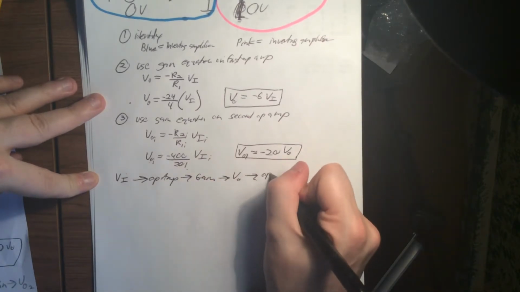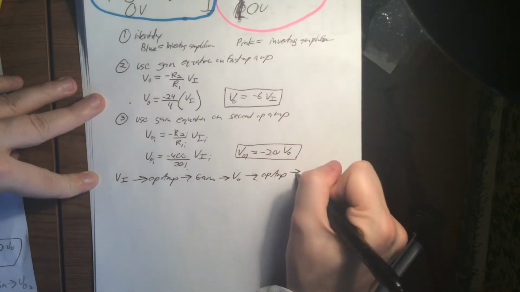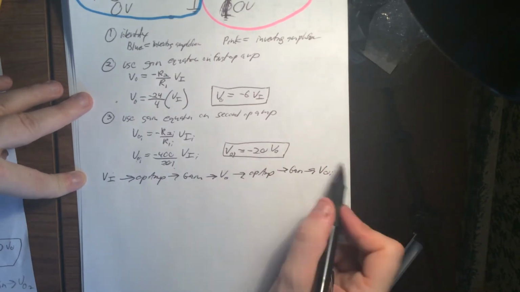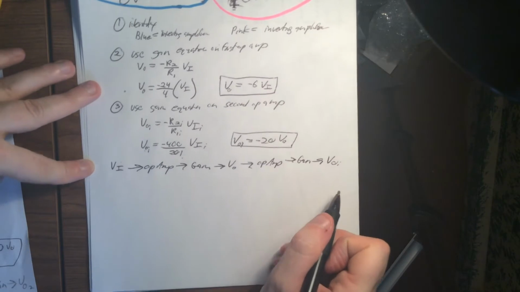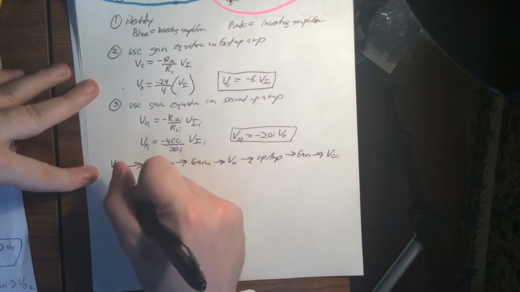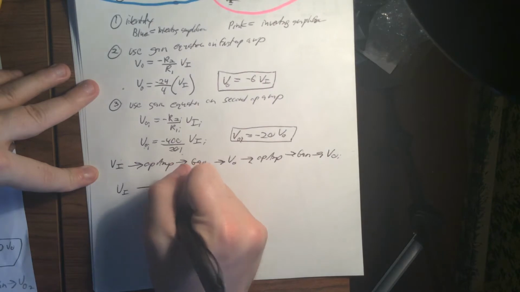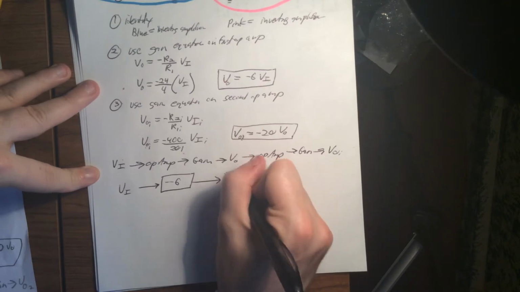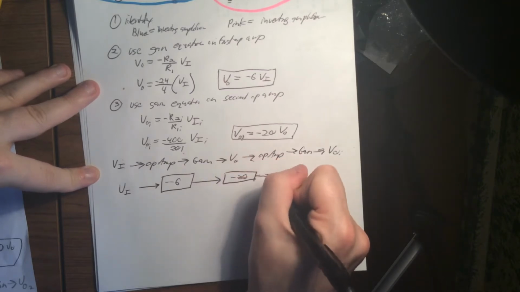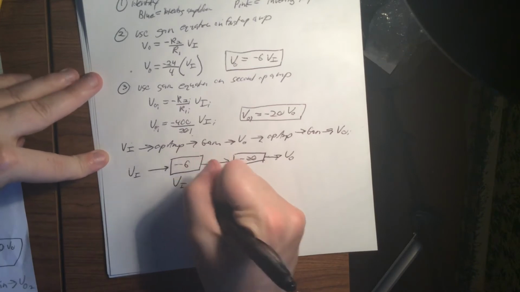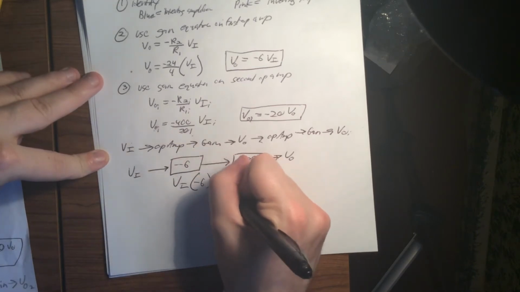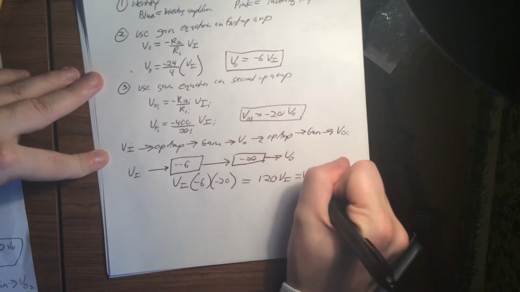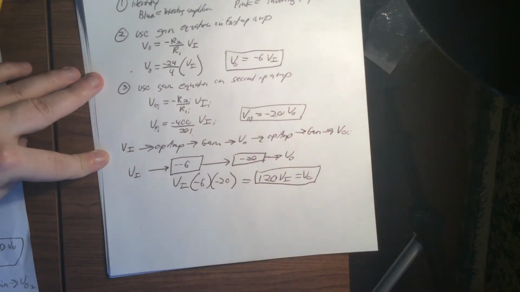It's going to go to the next op amp, it's going to go to the gain, it's going to go to V0I or 2 or whatever you want to call this one just to make sure it's different. So VI is going to go to a block with -6 in, then a block with -20 in, and then it's going to come out as V0. So VI times -6 times -20 equals 120 VI equals V0, and that's our total equation for this op amp.